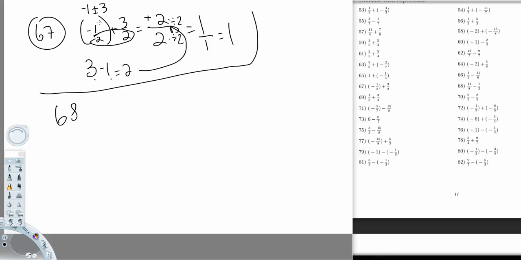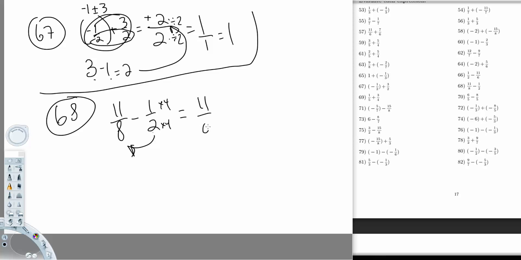Sometimes when they do problems, the problem itself isn't tricky, but at the end they want you to reduce. 68: 11 over 8 minus 1 over 2. Now to turn this 2 into 8, you're going to have to multiply by 4, which is fine. So 11 over 8 carries over here.